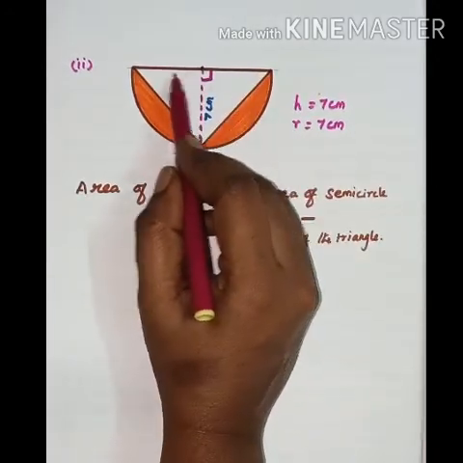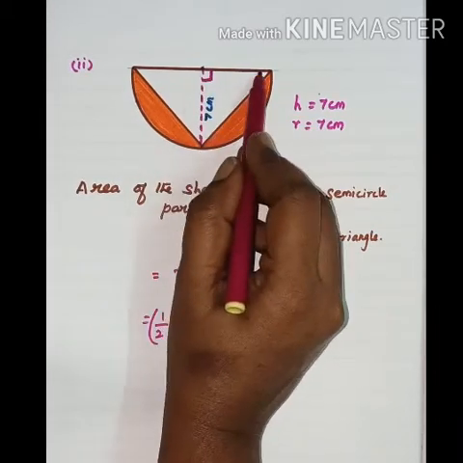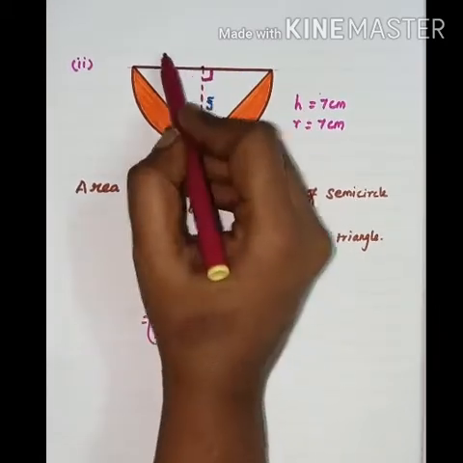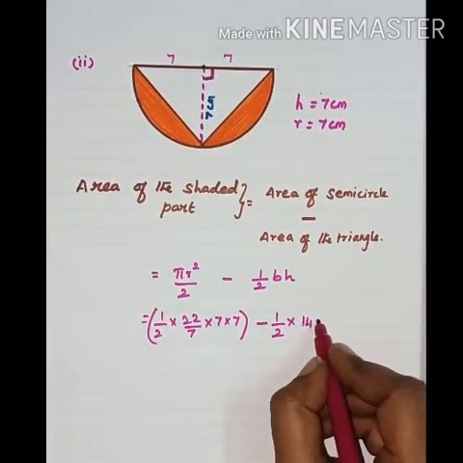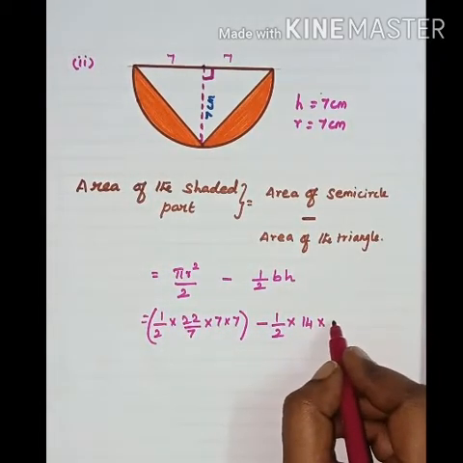Here breadth is, this part is 7, this part is 7. 7 plus 7, 14. Base is 14. Height is 7.